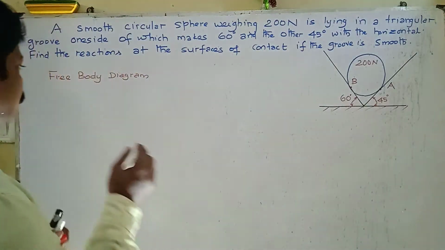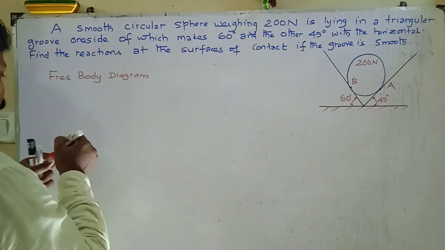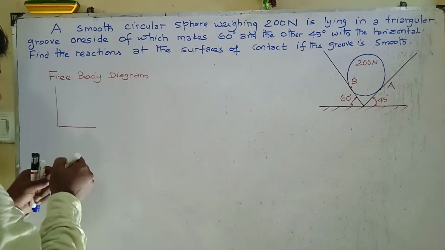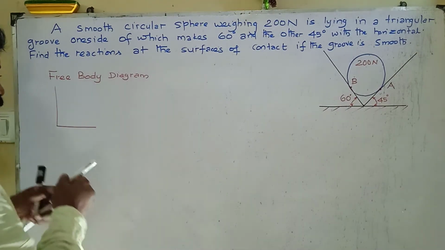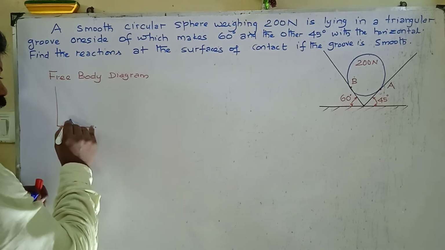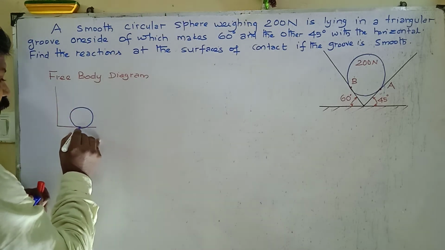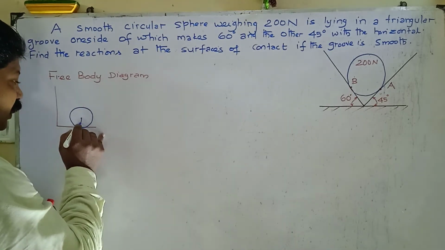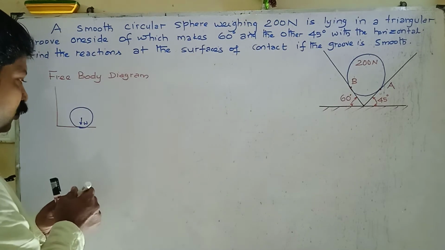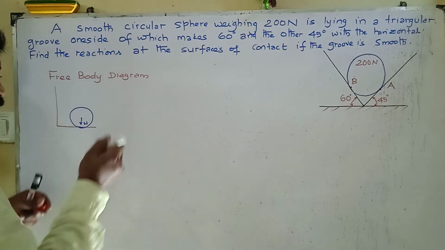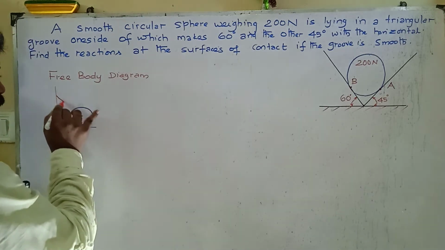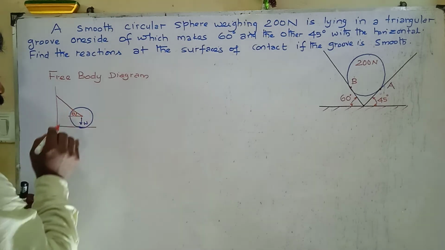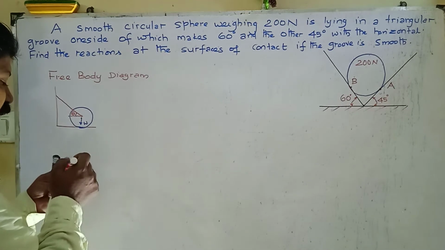For example, a ball of weight W resting on a horizontal floor, supported by a string on a vertical wall. Inclination of string with horizontal theta.